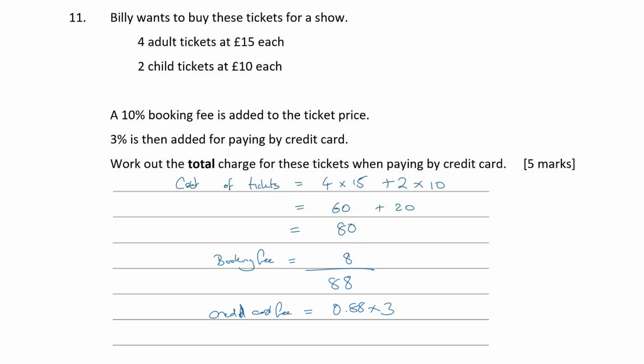So what's that? 264. £2.64. So then the total amount payable then is going to be my £88 plus my £2.64, which is £90.64.